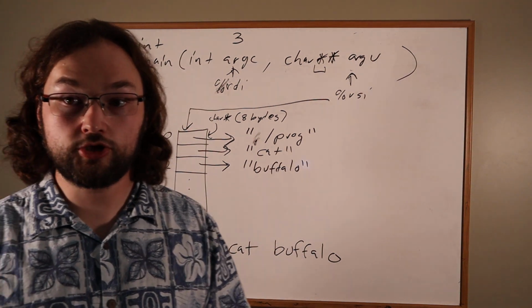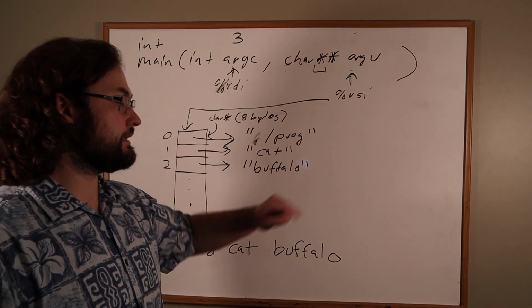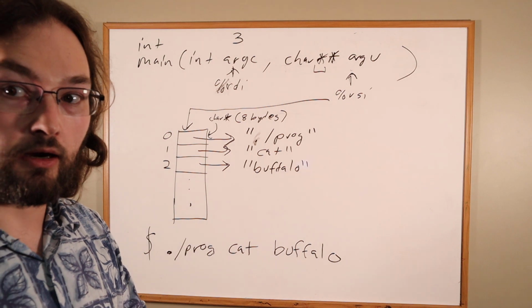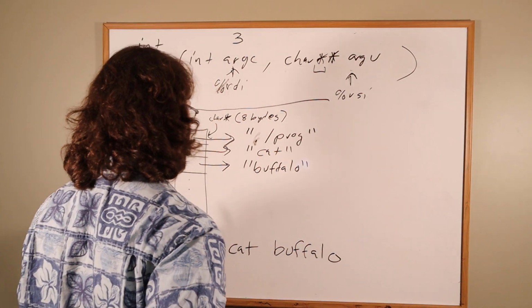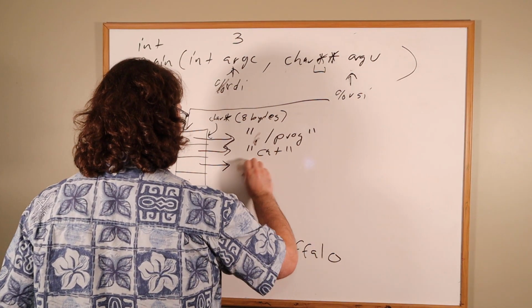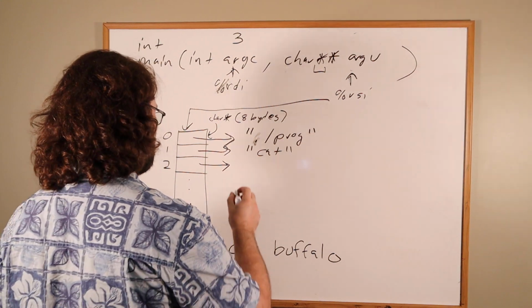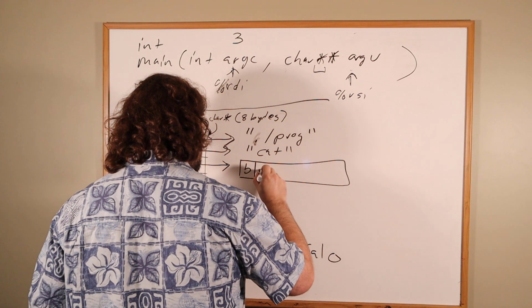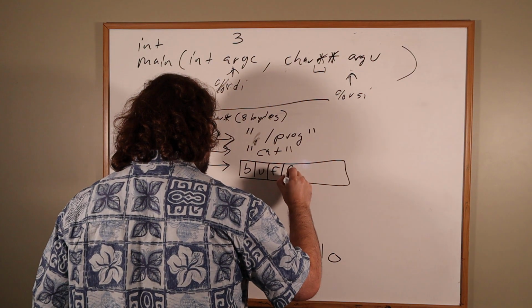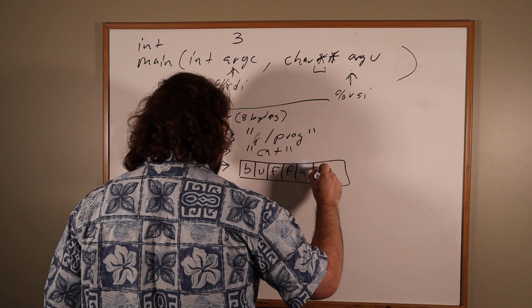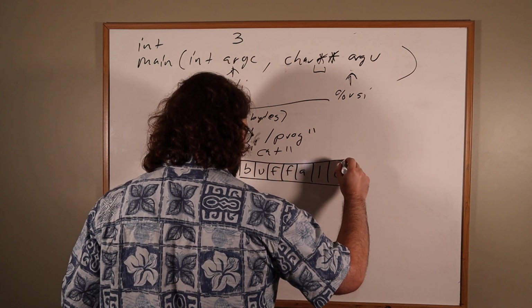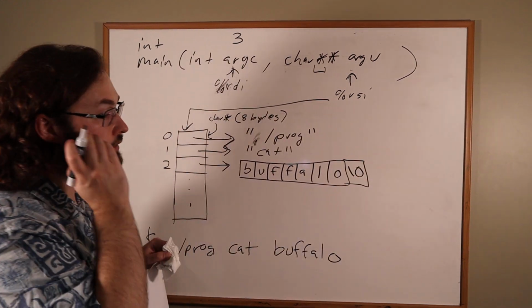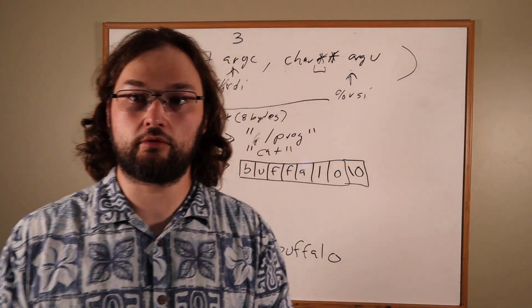Now, the way we write strings in C is as characters between double quotes, but just to be clear, the way that's represented in memory is as an array of bytes followed by a null terminator. So buffalo is B, U, F, F, A, L, O, followed by a null byte, which we can write as \0.